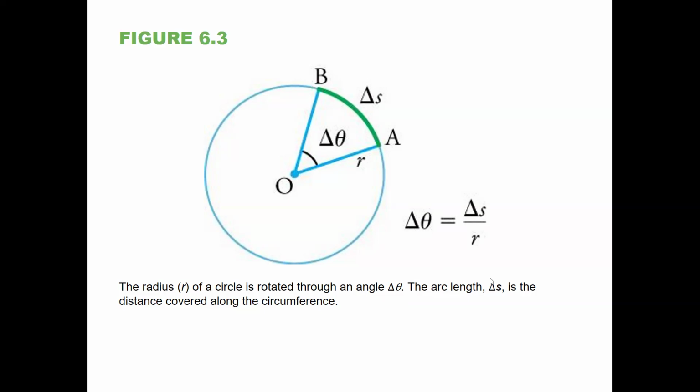The arc length is delta s, the distance covered along the circumference from my initial point to my final point. And to figure out numerically the value of this angle we rotated through, we divide the arc length, delta s, by the radius r. What unit is that? That is radian.